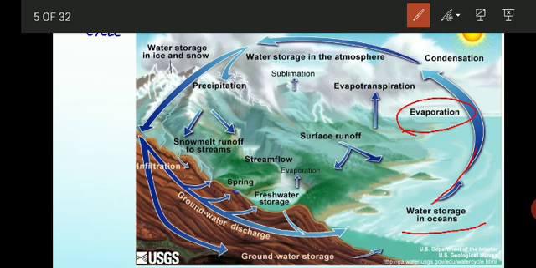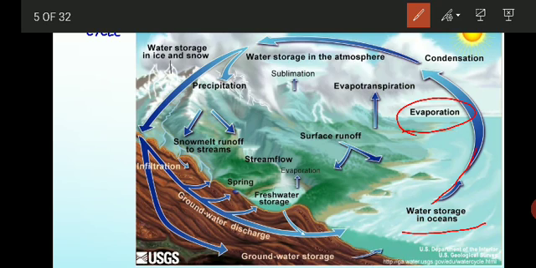That is called evaporation. So what happens in evaporation? It is a process by which water changes from liquid to gas or vapor. So evaporation is the primary pathway by which water moves from liquid state back into the water cycle in the form of vapors.